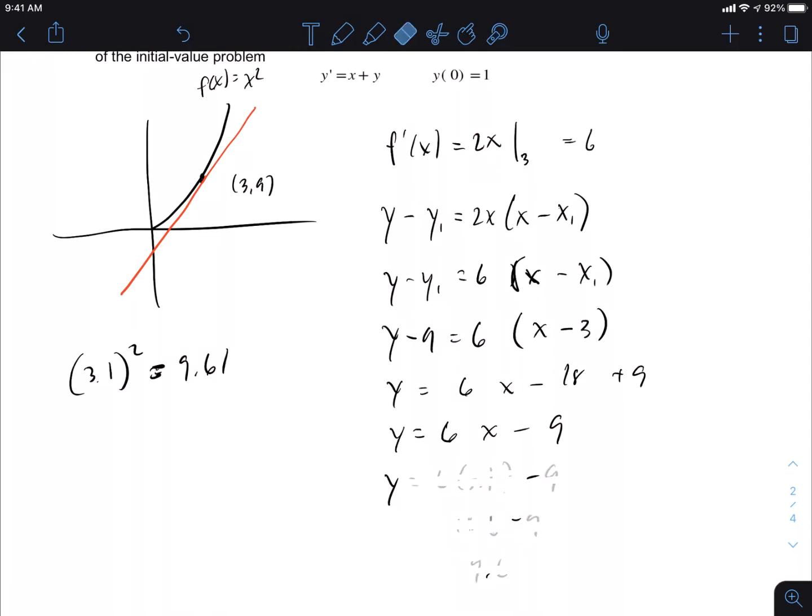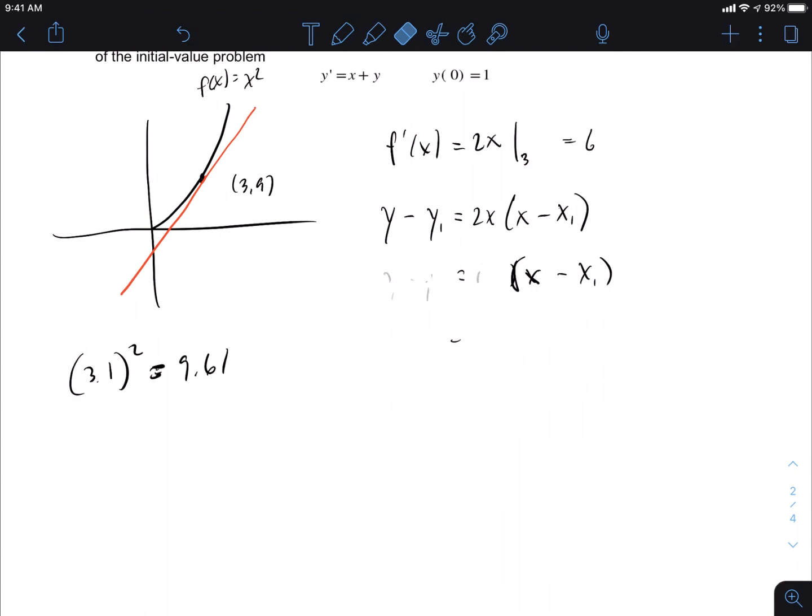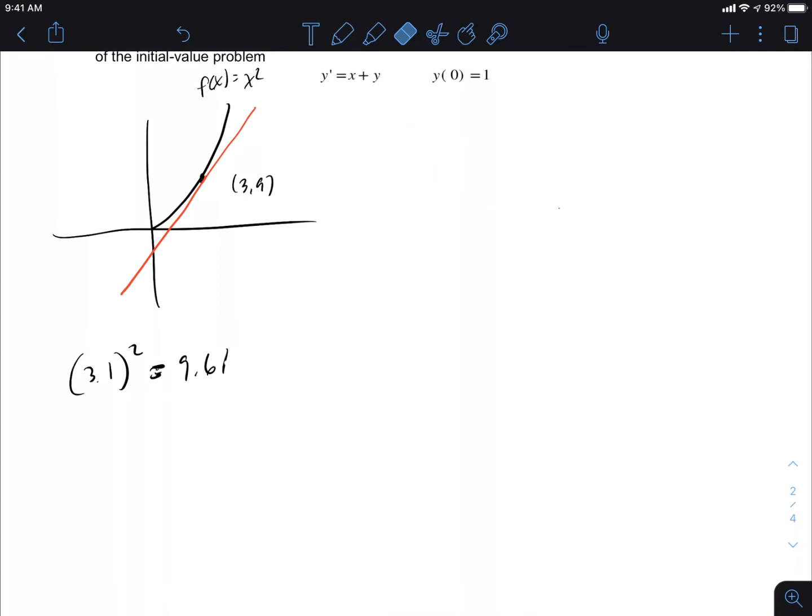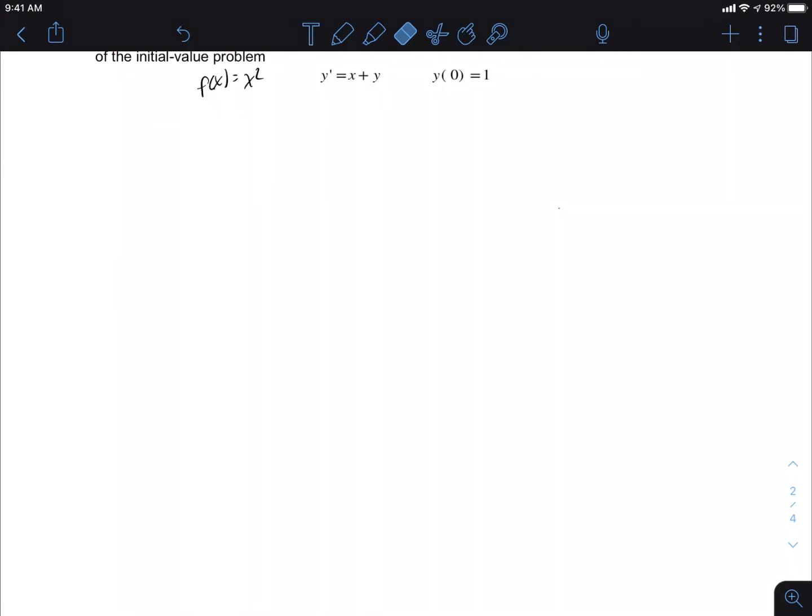Okay, so let me show you this. This approximation stuff, I think, was in chapter 3. But now Euler's method, which is so cool, is kind of the same premise, but we need to, like I said, take more derivatives along the way.